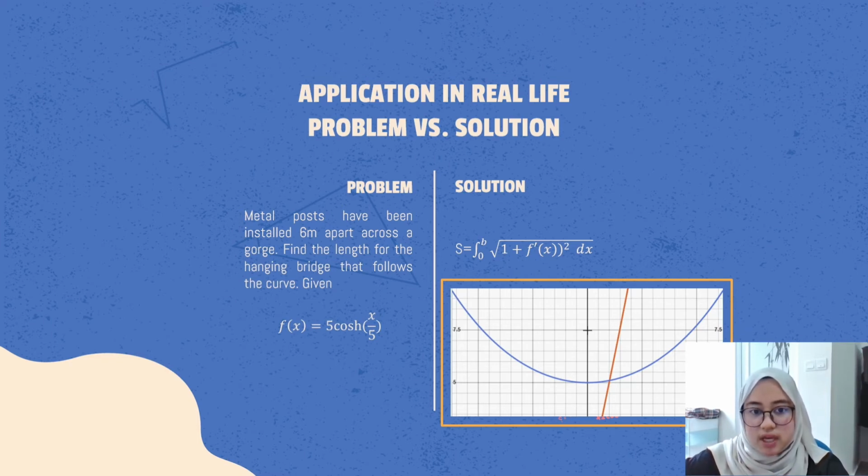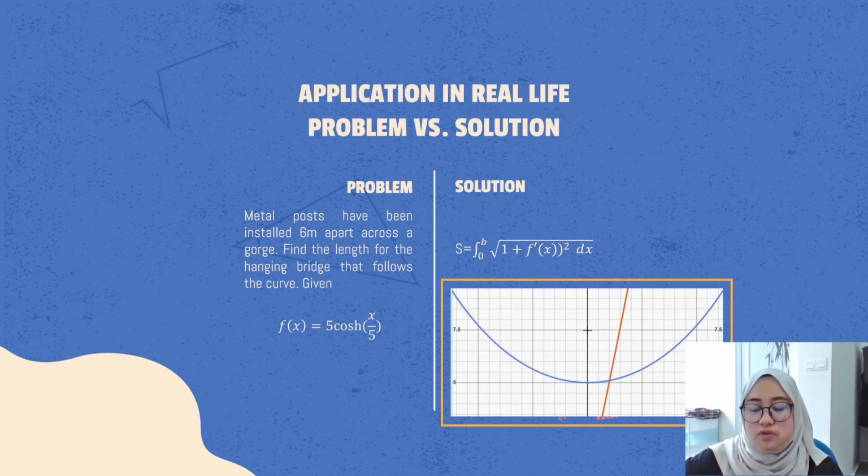Find the length of the hanging bridge that follows the curve given by f(x) equal to 5 cos x divided by 5. As you can see on the right side, there's a graph. This curve is called a catenary, which forms a hanging cable.